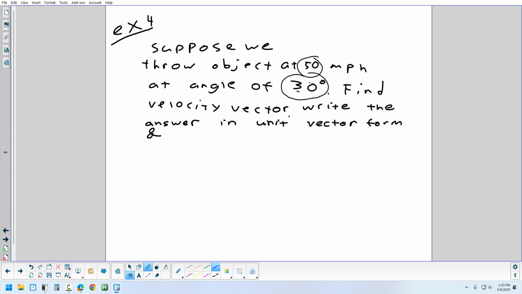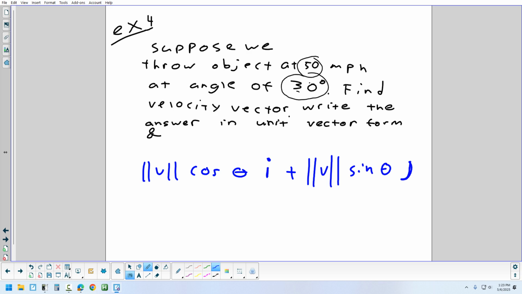Speed, cosine, angle. So that's the magnitude times the cosine. Put an i. And what's the formula for the vertical? Speed, sine, angle, j. So speed times the sine of your angle, and put a j. Okay. Now just fill it in.